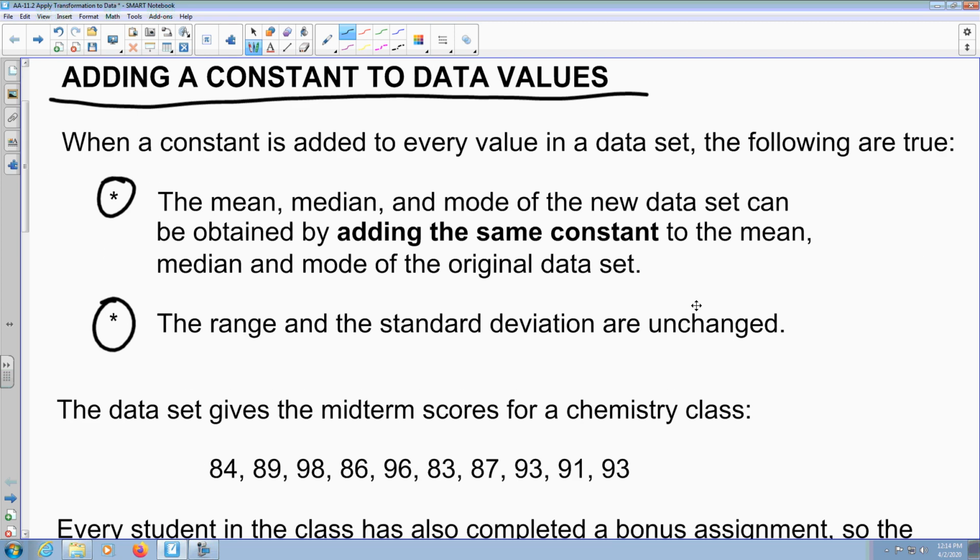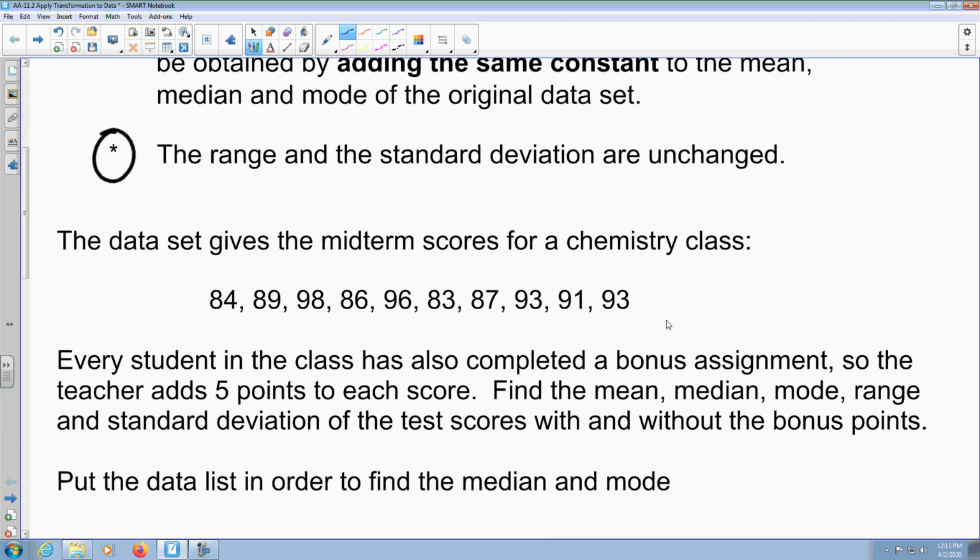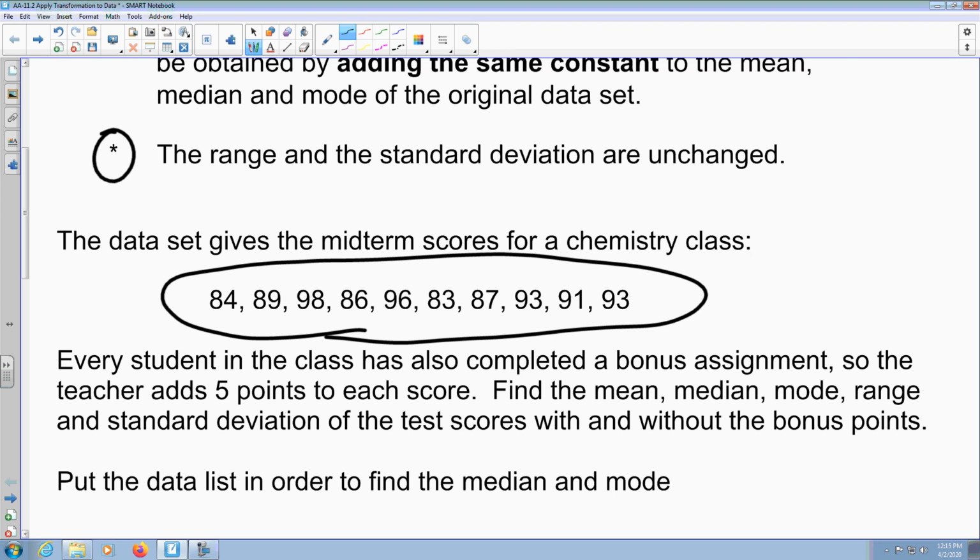So for this example, they gave us a series of midterm scores for a chemistry class. The scores are presented, which I circled. And on the bottom of this, it says every student in the class has also completed a bonus assignment, so the teacher adds 5 points to each score.